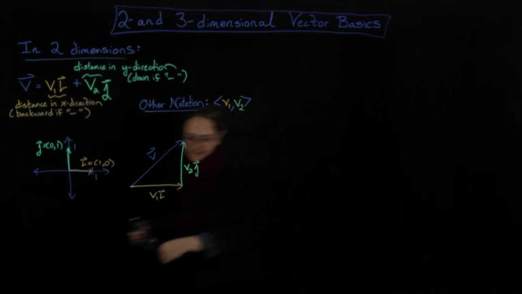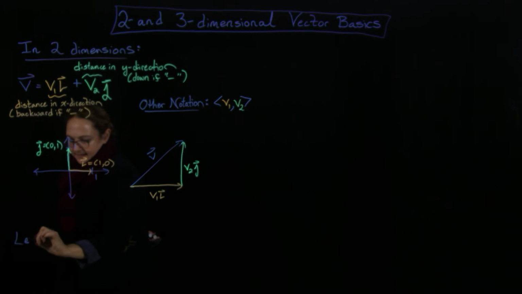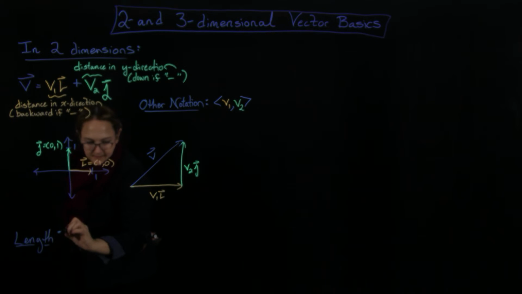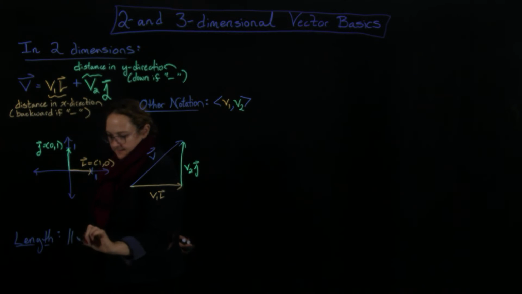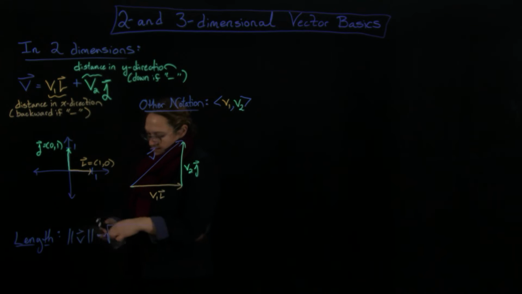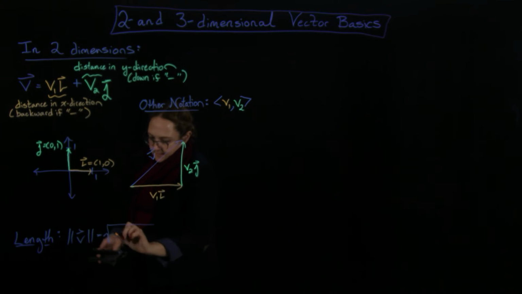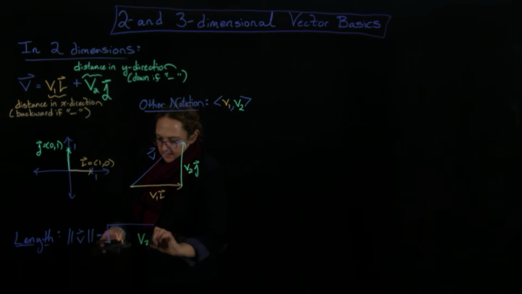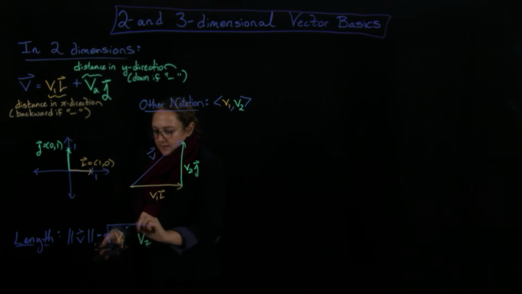And the last thing that's good to know is the length of this vector that I've been drawing here. The length of this vector is equal to the square root of v1 squared plus v2 squared, so we square them and add them together.